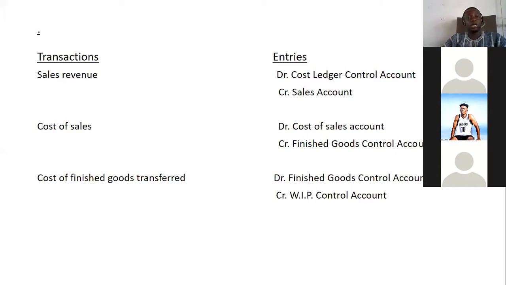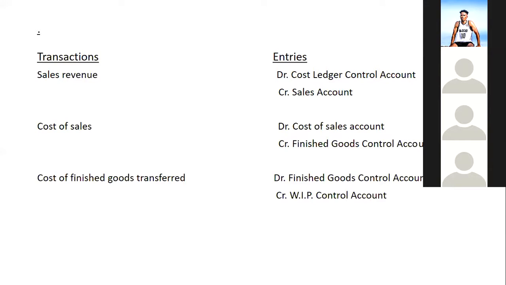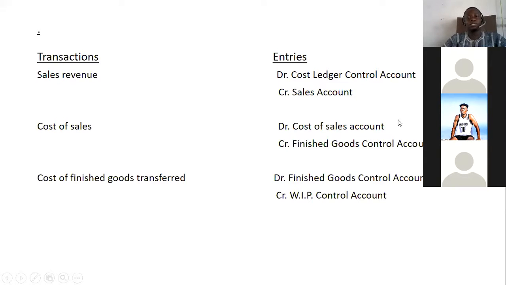Then the next one we have is cost of sales. For cost of sales, we are debiting cost of sales account, because when you read, it says that we are supposed to debit the cost of sales account with any transaction that ought to affect it. Then we credit our finished goods control account.